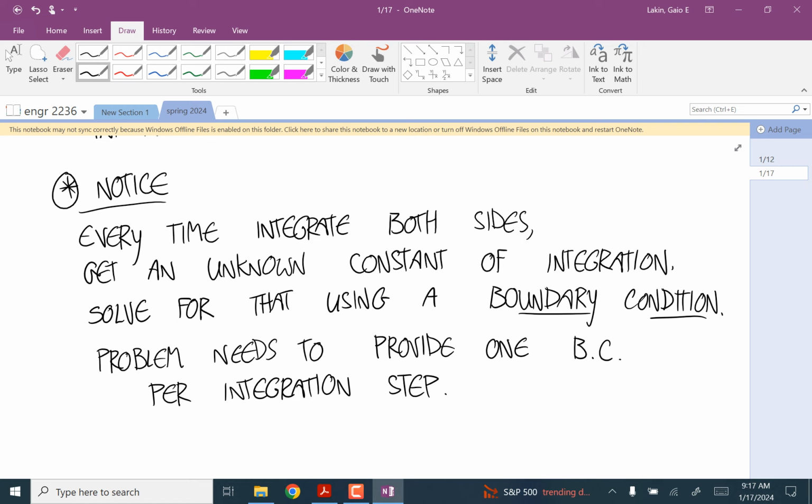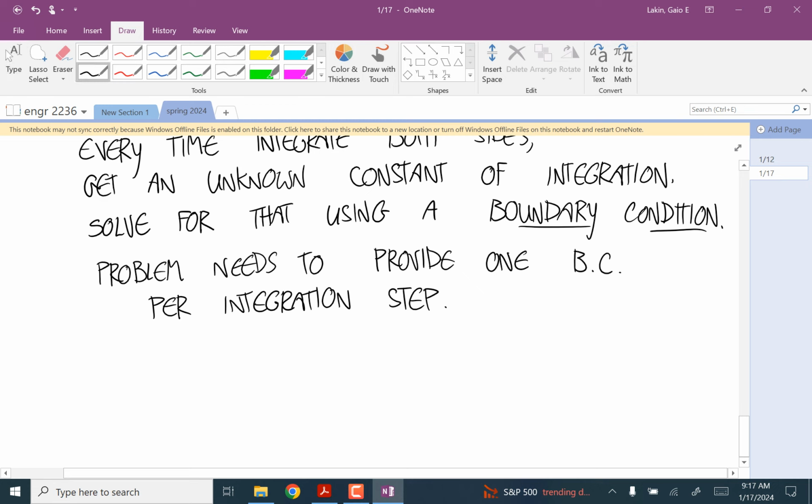Every order of derivative that's given requires a new boundary condition. So if your highest derivative is a fourth order derivative, then you're going to need 4 boundary conditions. Okay, so it's pretty simple.